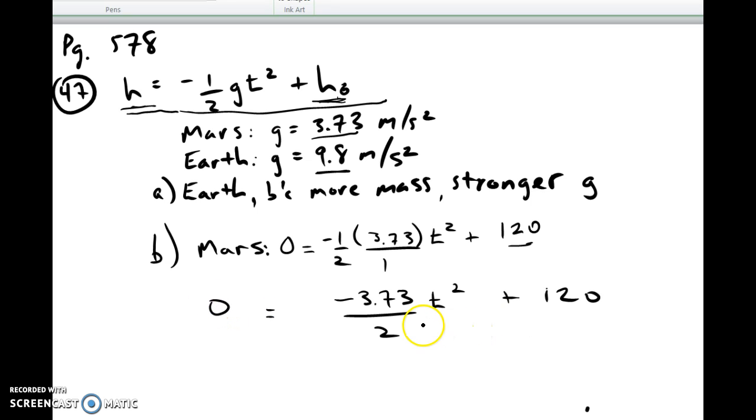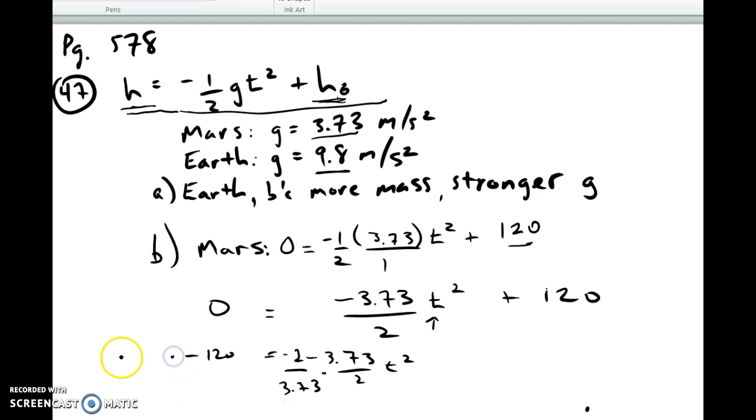Next, because we're only dealing with one variable, I'm going to subtract 120 on both sides, and I've got negative 120 is equal to negative 3.73 over 2 t squared. Then I'm going to multiply by the reciprocal, negative 2 over 3.73.